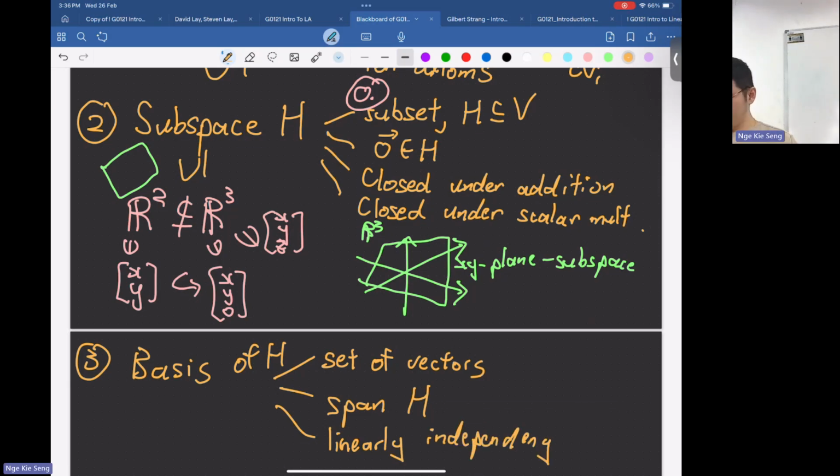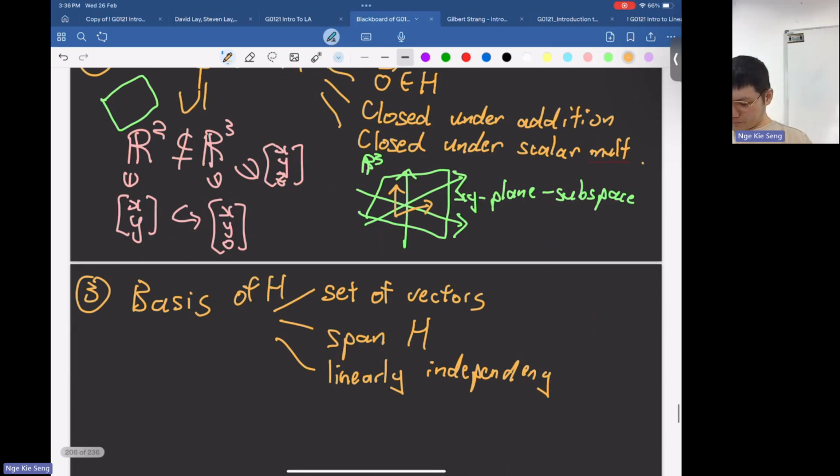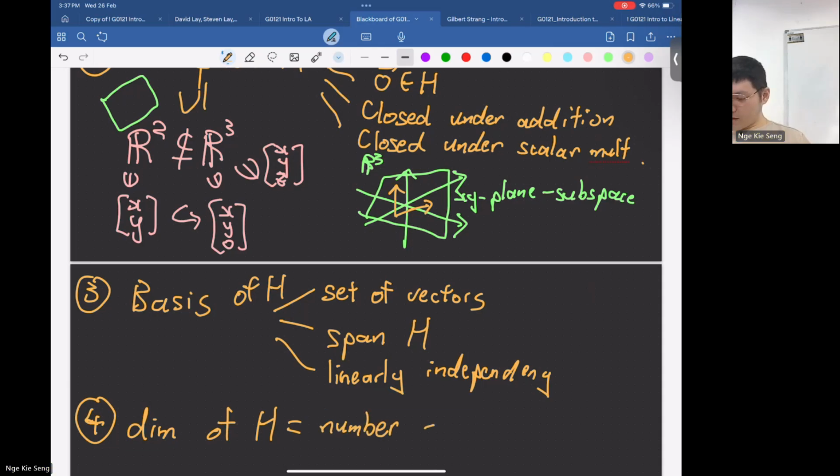In this case, you go into this plane and find 2 linearly independent vectors. From here, you can deduce the dimension of H. So the dimension of H is what? The number of vectors in the basis.